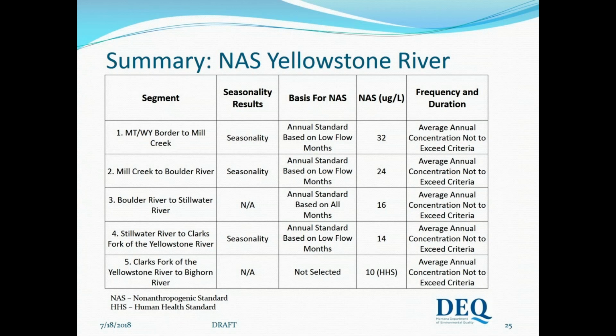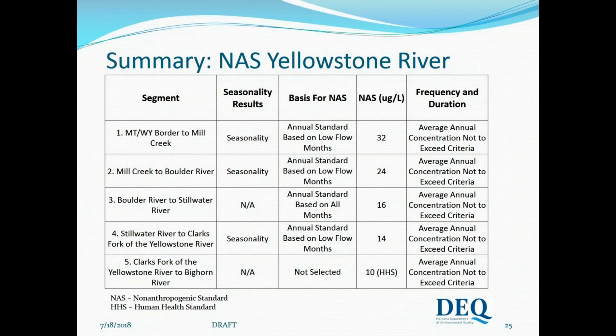And for segment number 5, Clark Fork of the Yellowstone River to the Bighorn River, which does include the Billings area, we didn't do the seasonality test because it didn't pass the dilution test. The flow was significant, and a NASS was not selected.